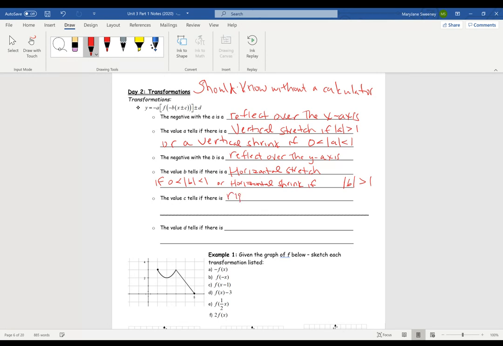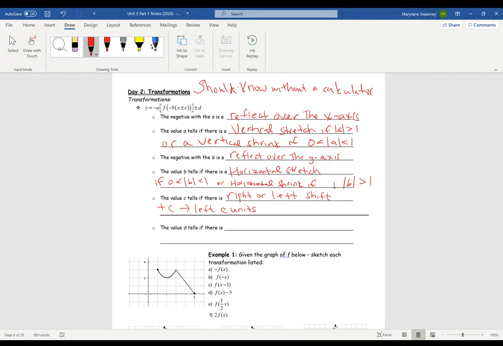C is our right or left shift. If it's plus C, it goes left C units, which kind of is backwards of how people would think. Plus you would think going right, but it's actually going to be left C units. And that's because the initial formula is really a minus in the middle.